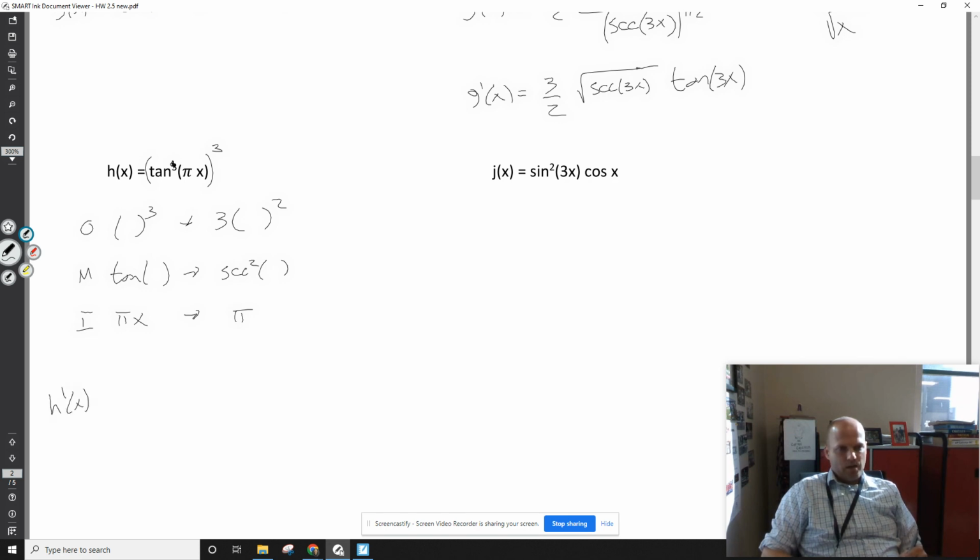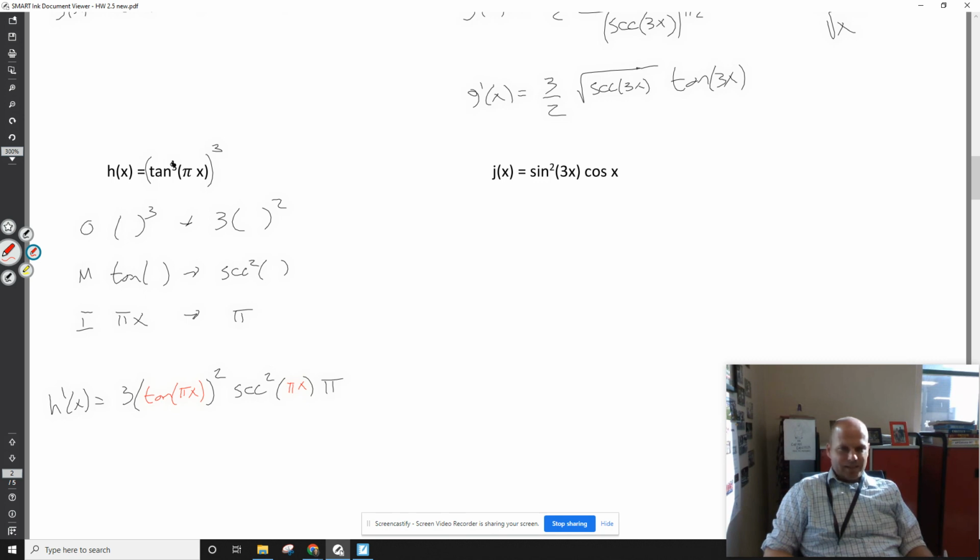So h prime is 3, big old set of parentheses, squared. Secant squared of stuff, pi. What started in parentheses stays in the parentheses. And I get that. Nothing I can really do to simplify this.